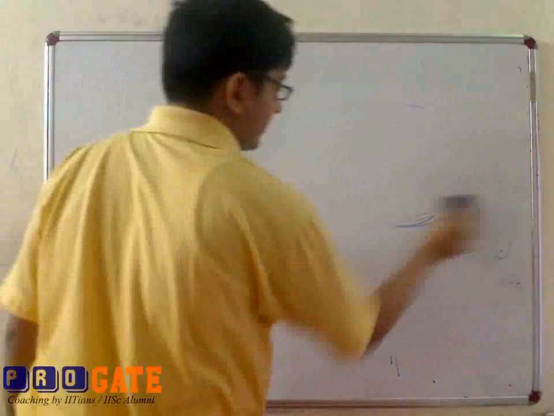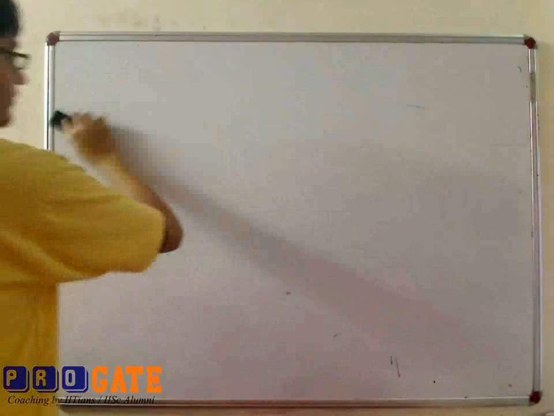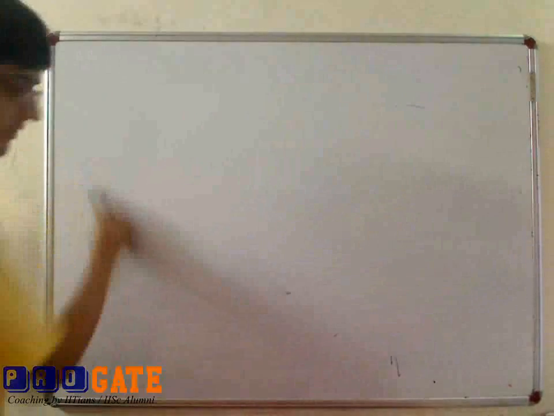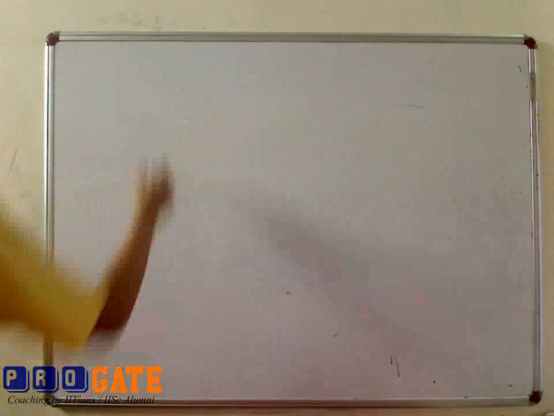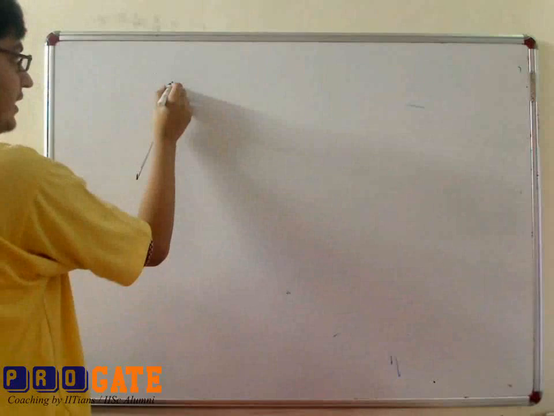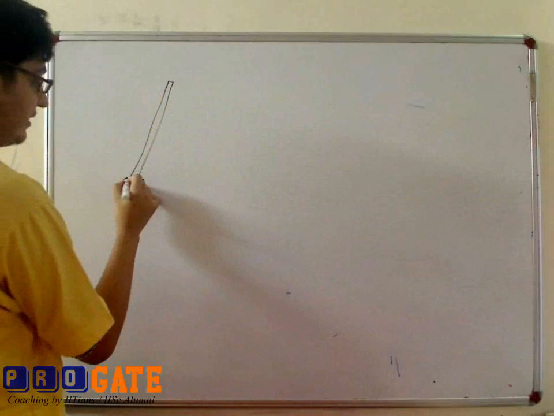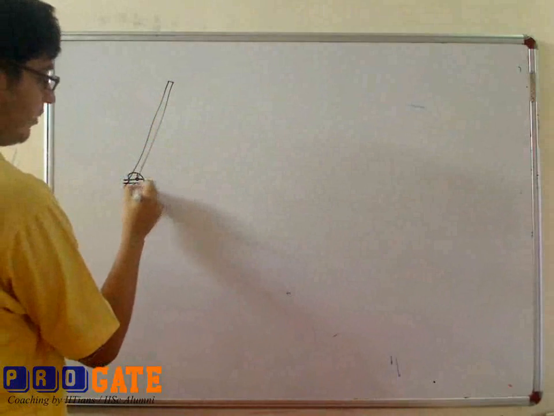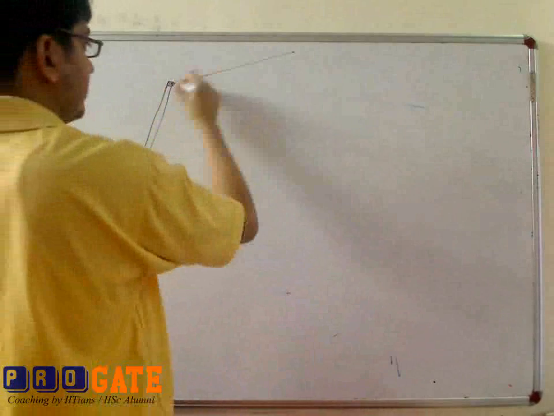Consider a 4-bar link. Why 4-bar link? Because any mechanism in the world can be analyzed in the form of a 4-bar link.